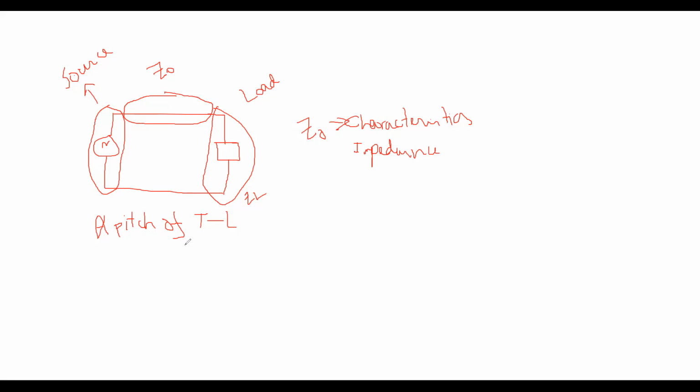So this is source, a pitch of transmission line, and this is called the input impedance.